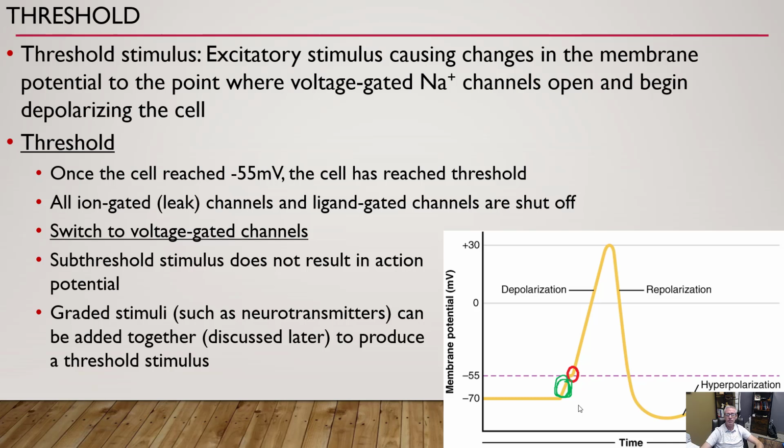I haven't reached that magic number of negative 55. I'm not going to reach an action potential. And now we have this other statement that says graded stimuli can be added together to produce a threshold stimulus. We'll save that statement for later.